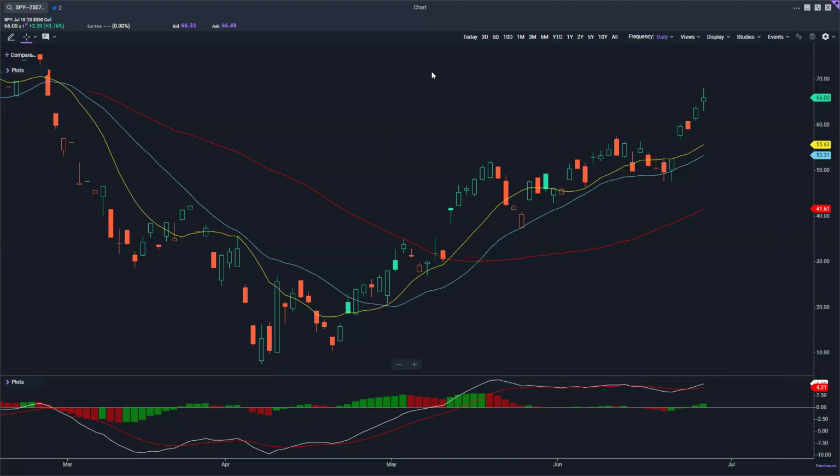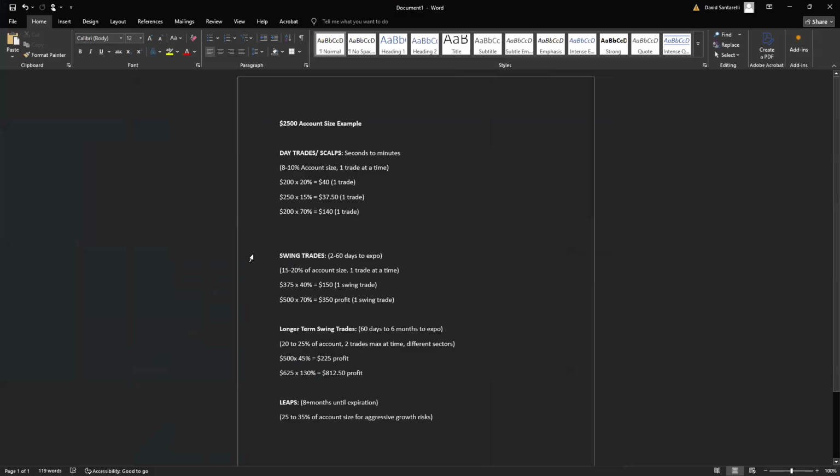So like I said there, when you're looking at that type of trade, the longer trades, you're going either from 20 to 25% if it's 60 days to 6 months out till expiration. If you're trading LEAPS, 8 months out or longer till expiration, then you could trade up to 25 to 35% of your account for that aggressive growth. And again, this is going with an example of $2,500.